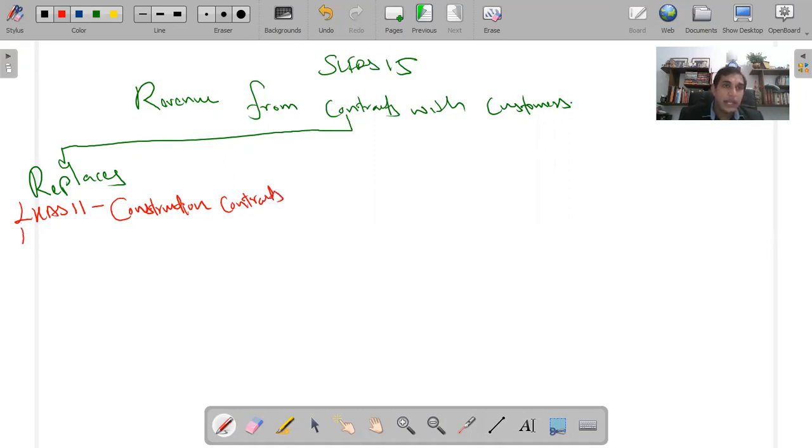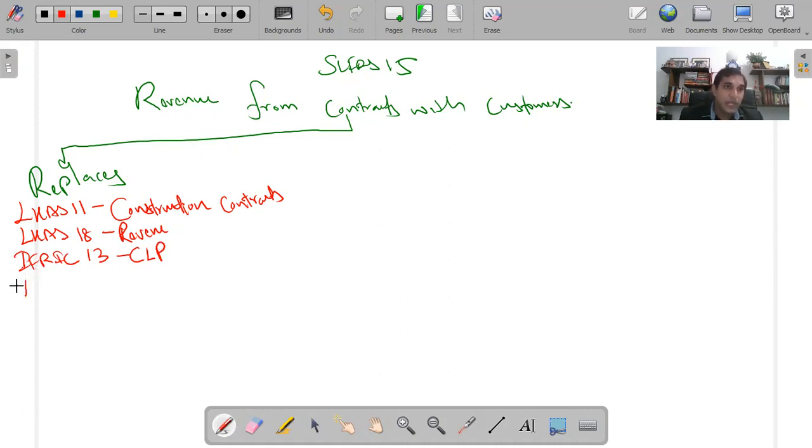Second one, LKAS 18, that is revenue. Third one, IFRIC 13, that is customer loyalty programs.